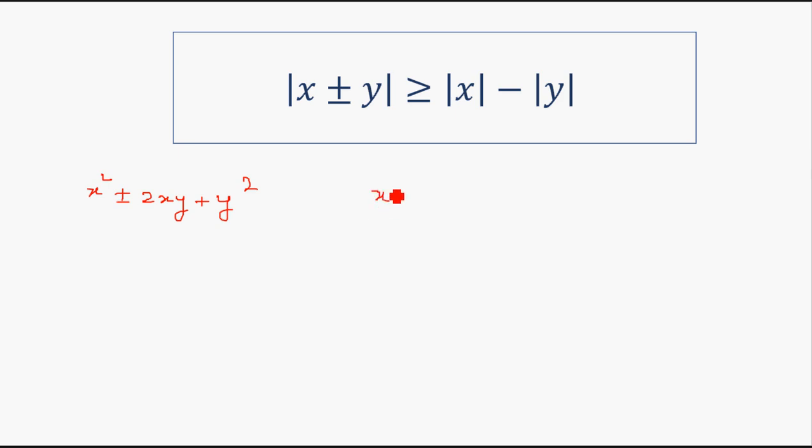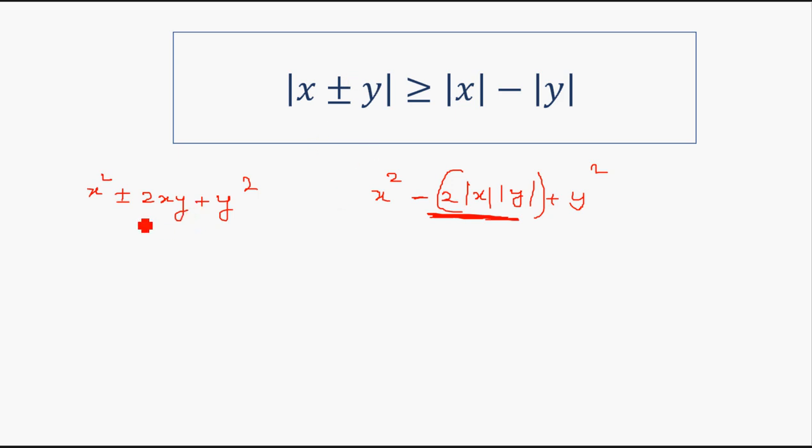In the RHS we will have x square minus 2|x||y| plus y square. Now in the RHS you can see there is a minus sign, right? And this is a positive number. So minus of a positive number is a negative number. So this is always a negative number.